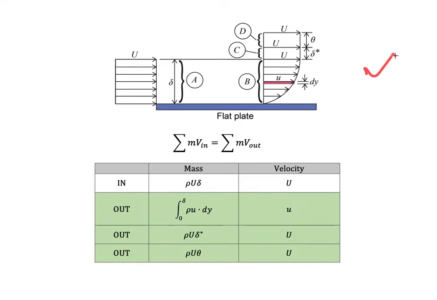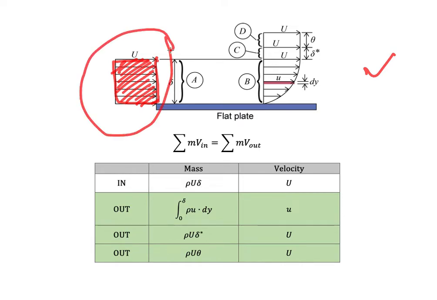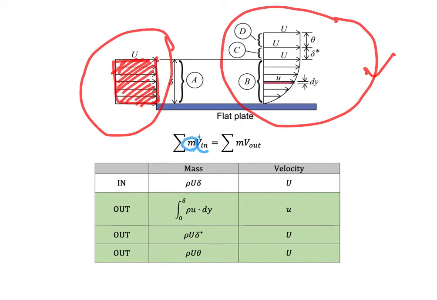We just use the same diagram like this. So this is the incoming velocity. Okay, we must make sure that the momentum at inlet is equal to the momentum at outlet. And to calculate the momentum, we need to multiply the mass and the velocity.